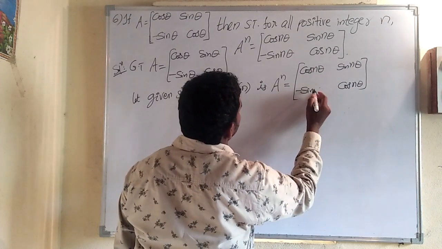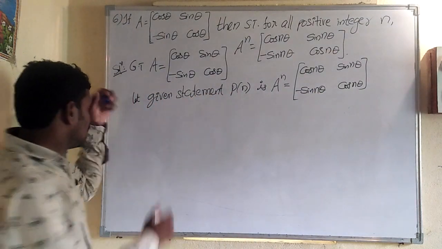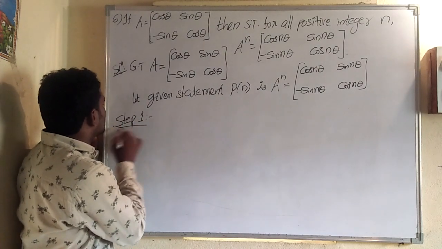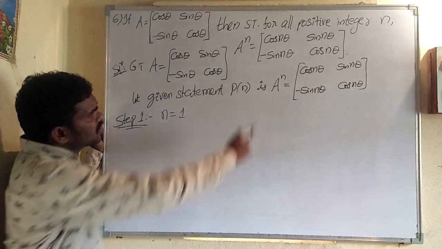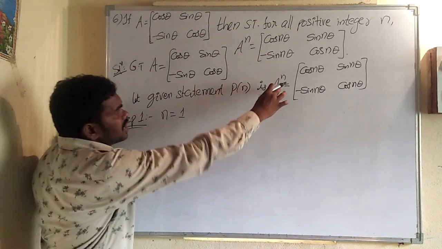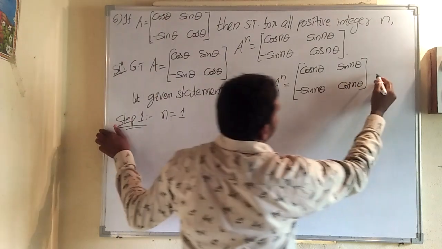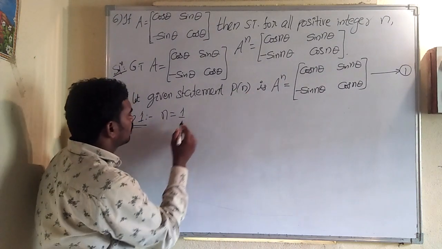Don't give space: sin n theta, cos n theta. What is step 1? Just now we did it in the 5th question. Step 1 is take n equal to 1 and substitute in equation 1.